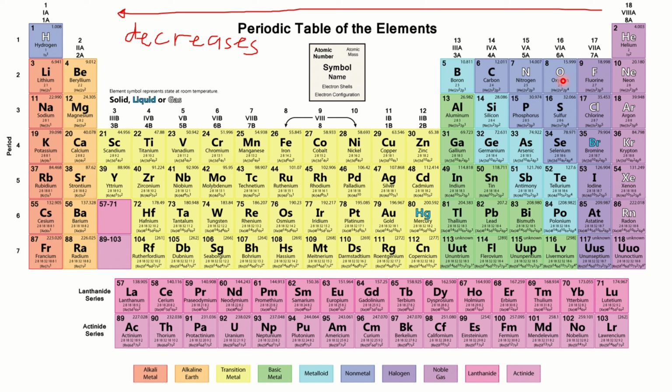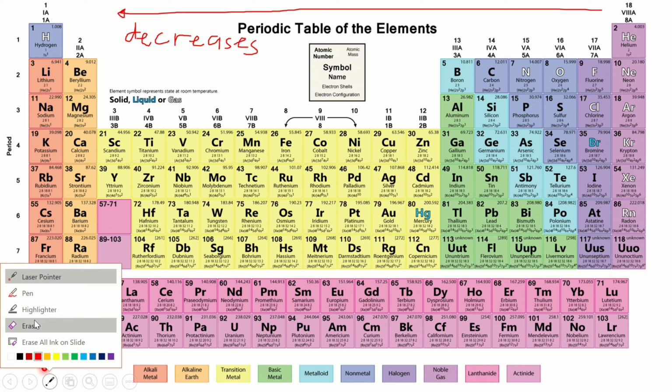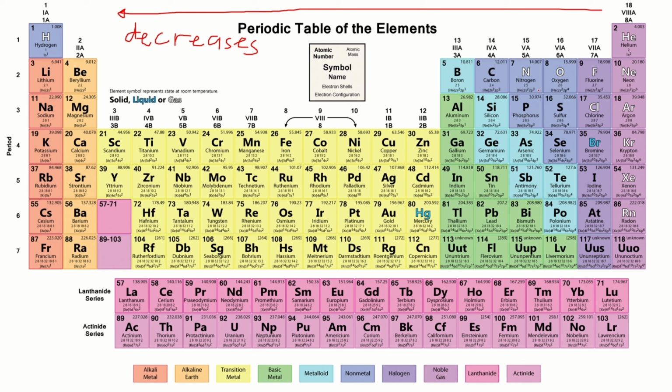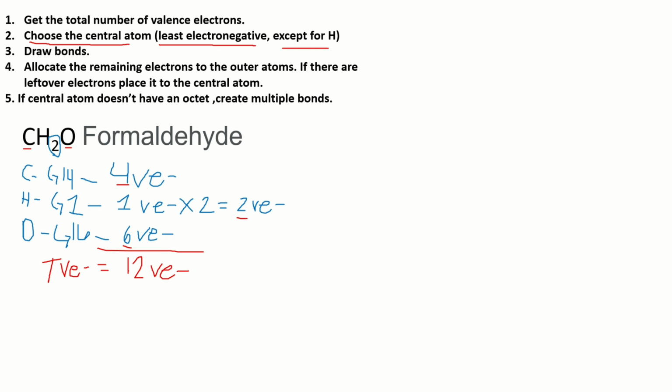We will choose between carbon and oxygen. Carbon is the least electronegative atom. Our central atom now is the carbon. Then we have 2 atoms of hydrogen and oxygen here.